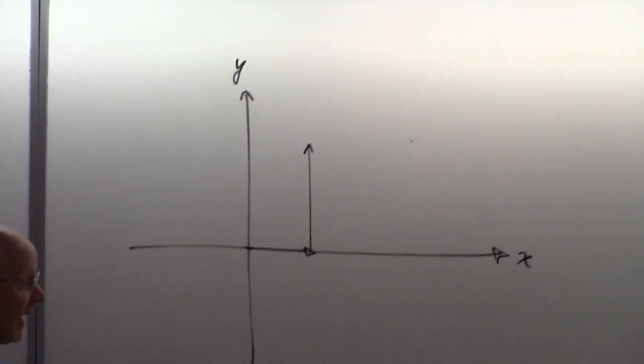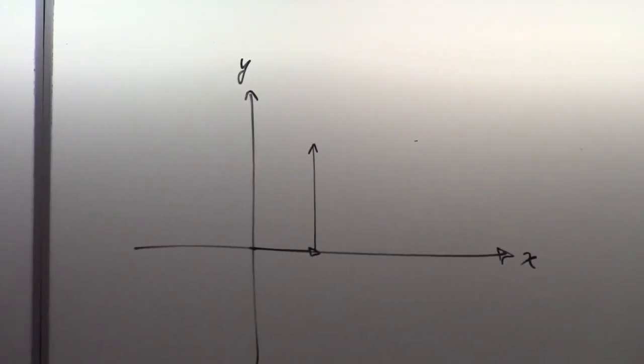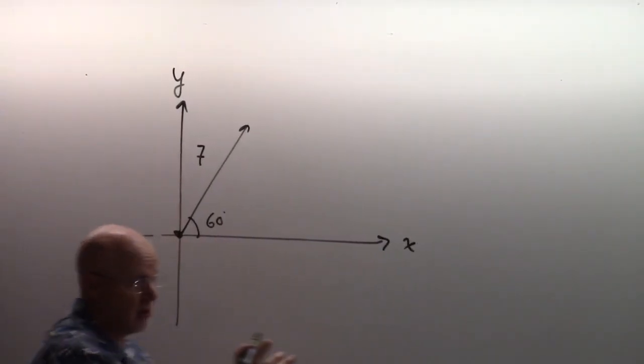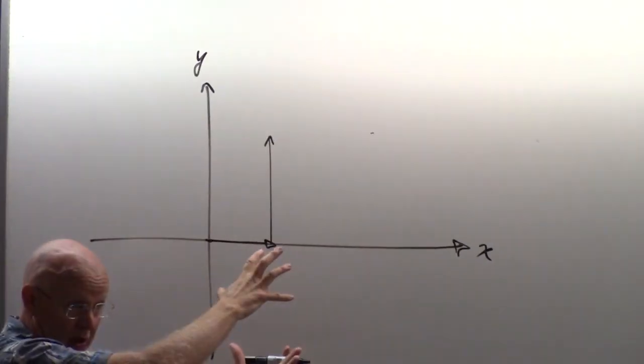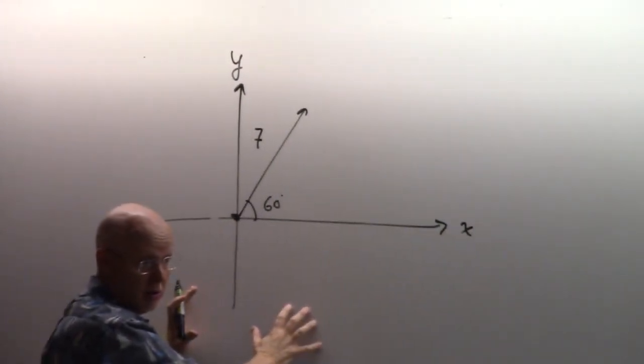And I think to answer your question, you have to either be given the magnitude and direction, so you can get what we're going to call the x and y components, or the other way around, you have to be given the x and y components so you can get its magnitude.